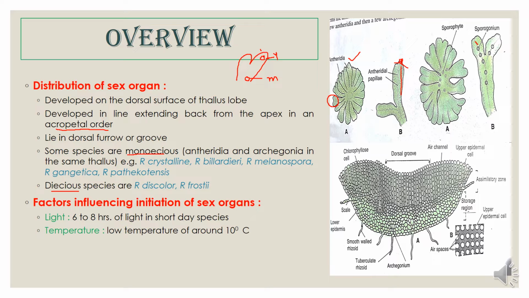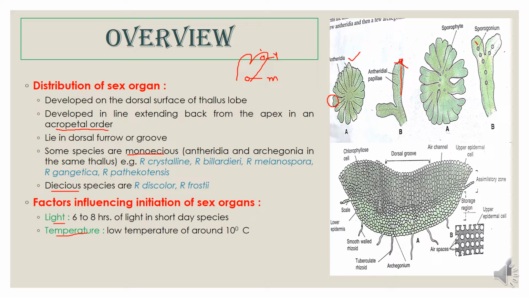Now, what are the factors that influence or initiate sex organ development? These factors are light and temperature. Whether the Riccia species is a long day species or a short day species will determine its light and temperature requirement for initiation, which means that the requirement is different for different types of species.